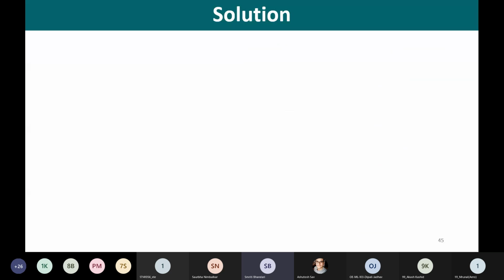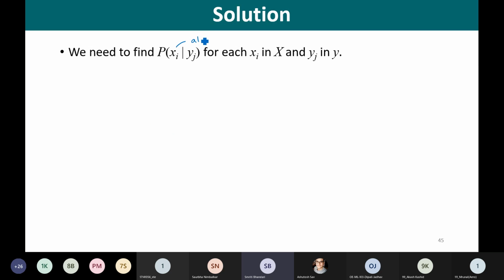So how to proceed now? What we are going to do here is, by making use of this training data, we need to find out probability of xi given yj for each xi in x and yj in y. So xi stands for individual attribute or feature.